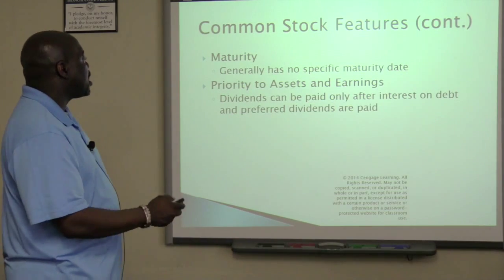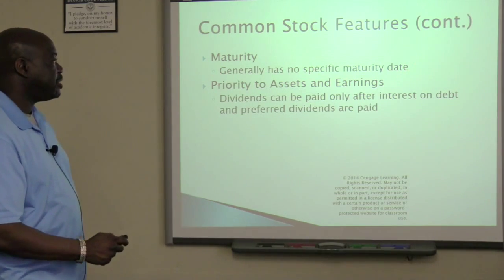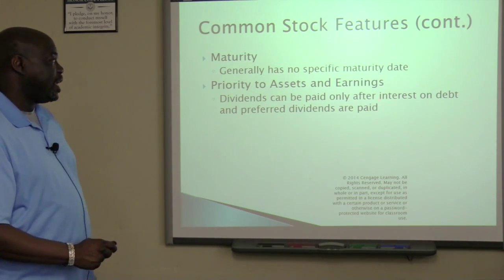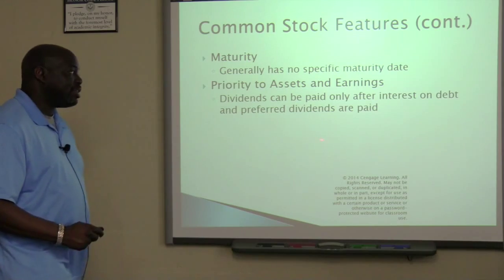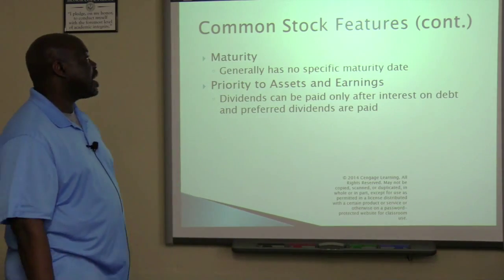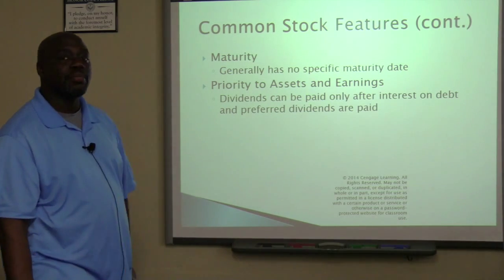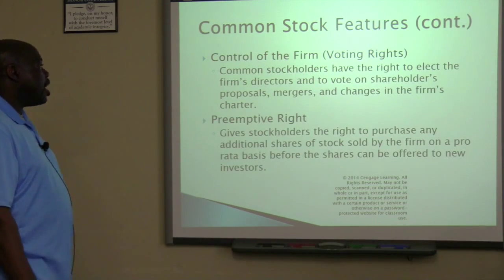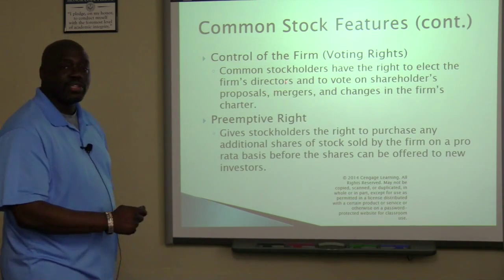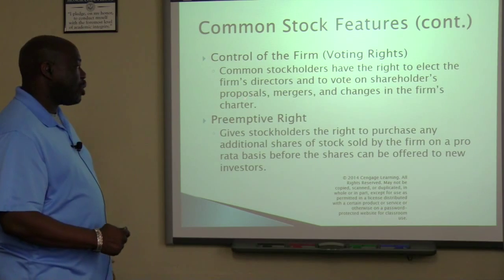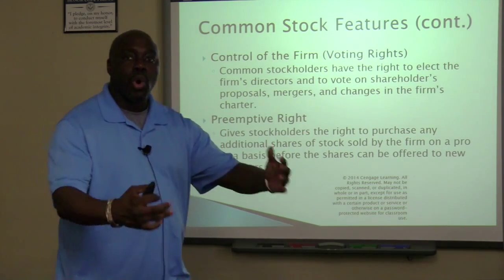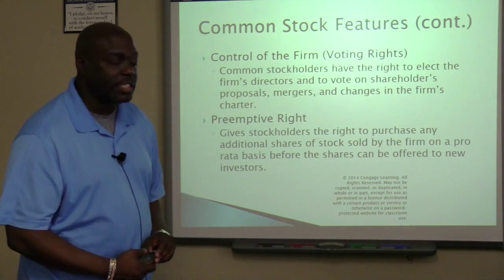Common stock features: they generally have no specific maturity date. Dividends can be paid only after interest on debt and preferred dividends are paid. So again, if the company is liquidated, the common stockholders get their money last. They do have voting rights. Again, they get to elect directors and vote on shareholders' proposals, mergers, and changes in the company's charter, goals, or mission.